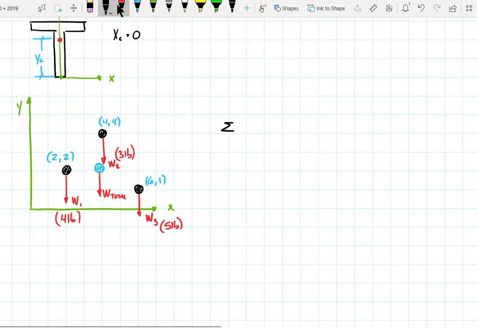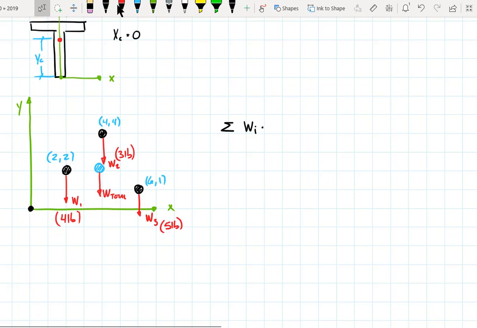But each one of these weights, so W1, has some distance. In this case, let's find out how far they are in the x direction. So I need to measure how far they are from my reference. My reference is here, and the reference can move.